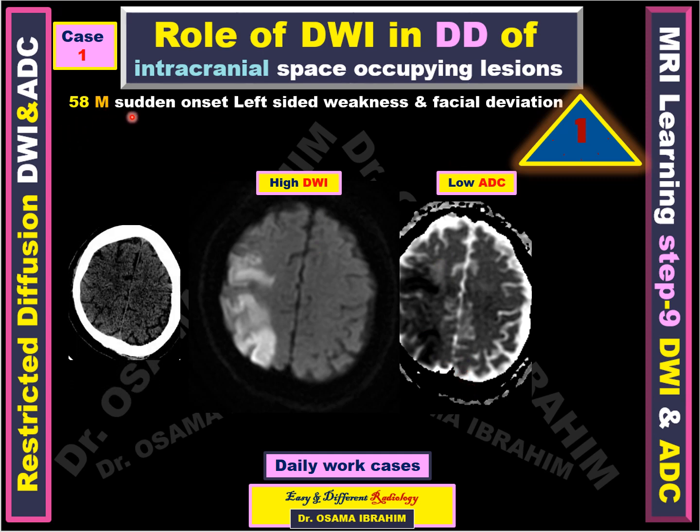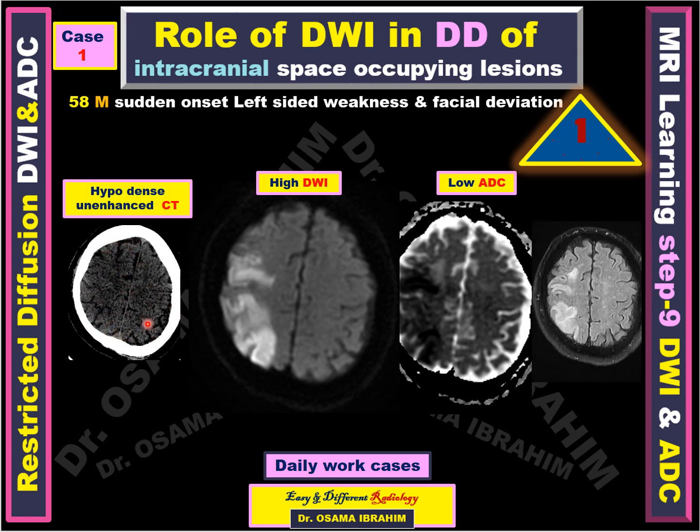So now we should be helped by other clinical data like sudden onset and also the distribution of the lesions along the territory of vessels, and also other MRI sequences or other studies the patient did, like this CT, which is showing a high dense area on the non-enhanced CT, and also this is a FLAIR image.